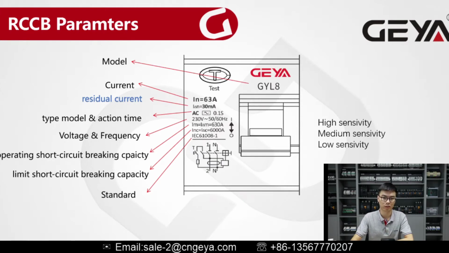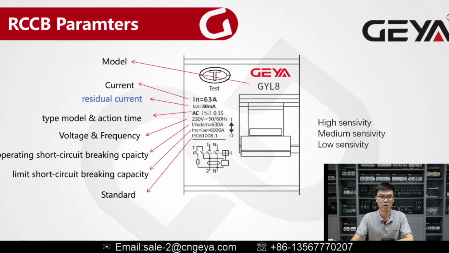So it is very quick and fast action. Below them, it is the voltage and the frequency. The RCCB voltage is 230 volts, and the frequency is 50 or 60 hertz.